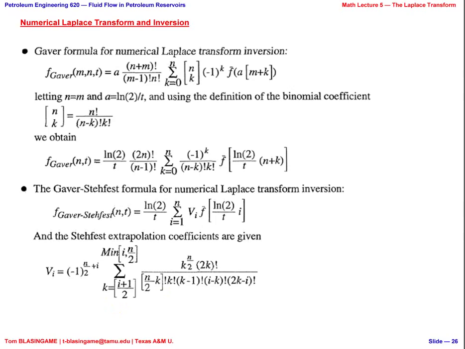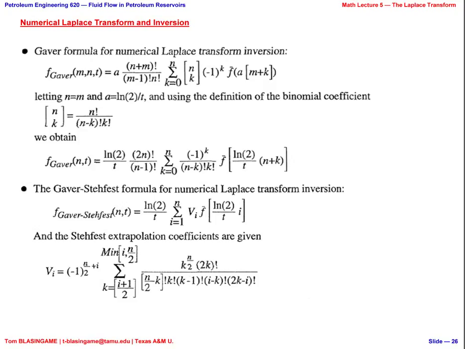The one that originally deduced this method was Gaver. He expressed it in this way, but it turns out to be kind of difficult, because for each term this factor changes the sign, and it is also expressed with a binomial coefficient.